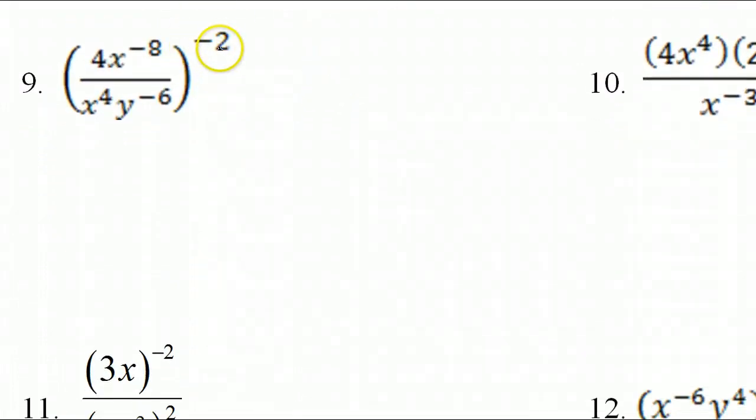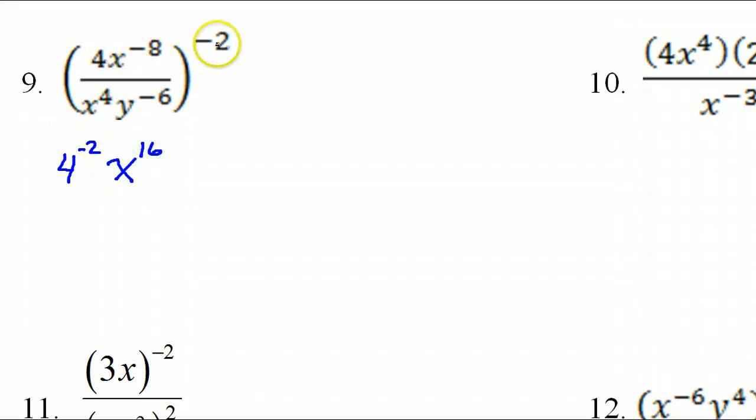I'm just going to take that -2 and do the power to all 4 of these things. Now again, look at what I'm going to do with that 4, because this is what students have the most trouble with. For a moment, I'm just going to leave it 4 to the -2 power. Alright, just leave it like that for now. And then I will have x to the positive 16 power.